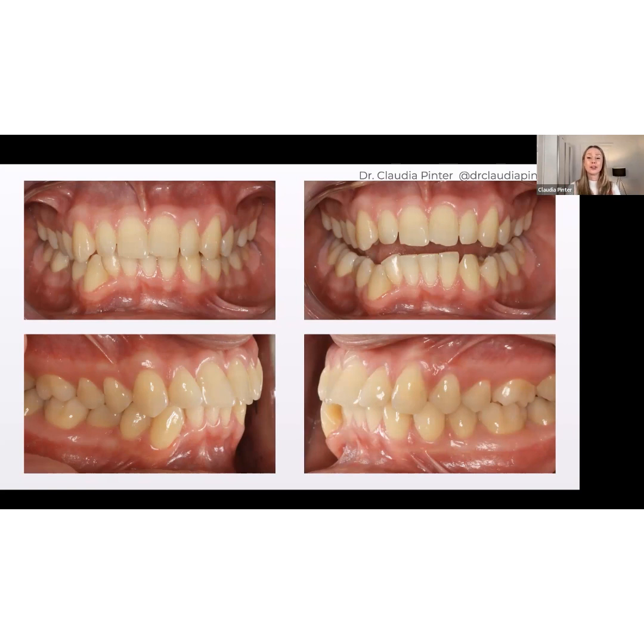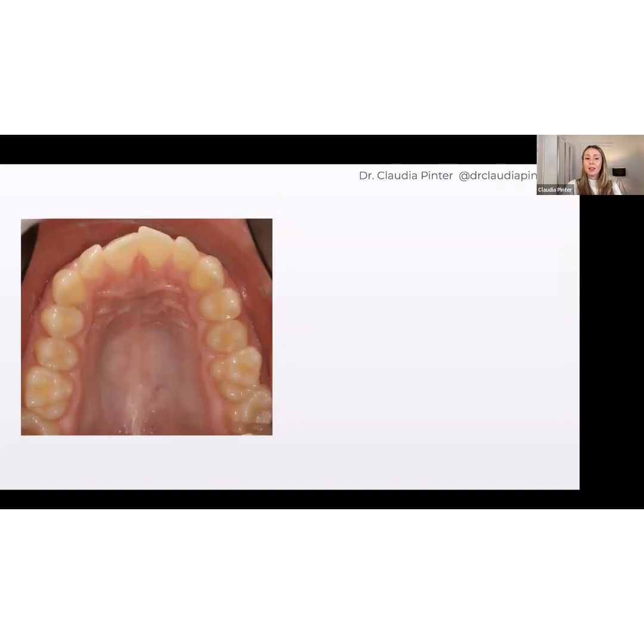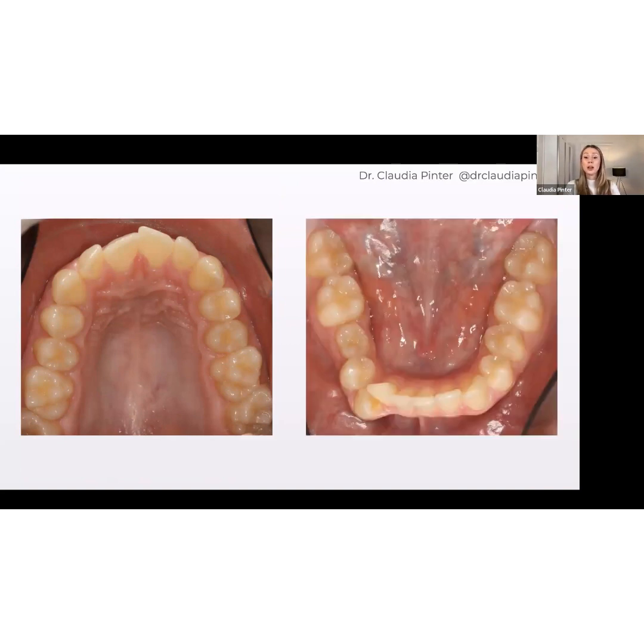So severe crowding, but class 1. Upper jaw looks narrow, some crowding in upper incisors. Lower jaw, we have severe rotation of the lower premolar, severe crowding. The lateral and the premolar are almost touching.